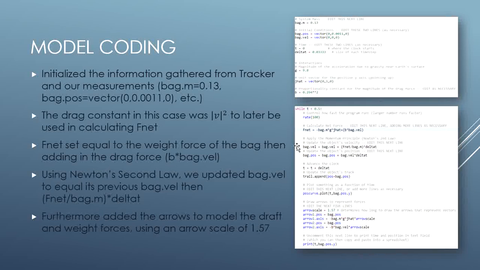So VF equals initial velocity plus F net over mass times delta T. So we calculated the F net acting on our system and then add that to the velocity beforehand during our time interval of 0.5 seconds, and then use that velocity times the time change to chart our position. Further, we also have our arrow scale to make the drag and gravity forces proportional when we have the next image of the model.